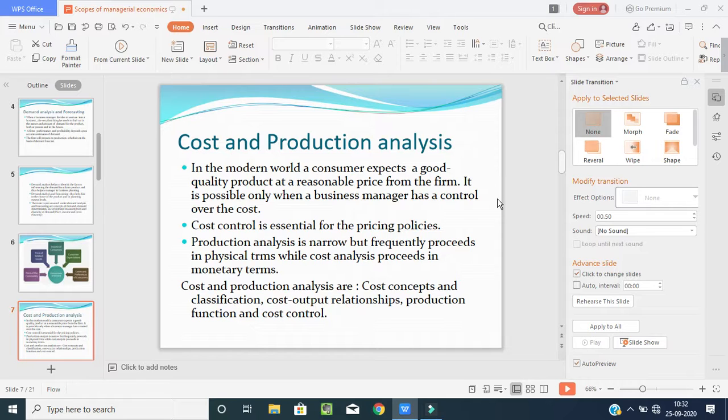For example, a manager is bringing the raw materials from the suppliers. He's not purchasing from the suppliers directly. Some intermediate channels are there. For example, he wants to purchase an AC, an air conditioner, which is a manufactured product.